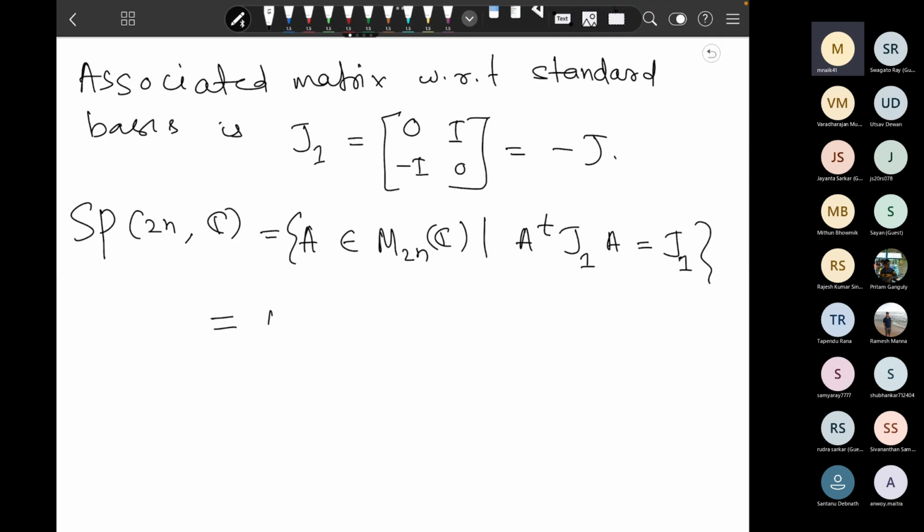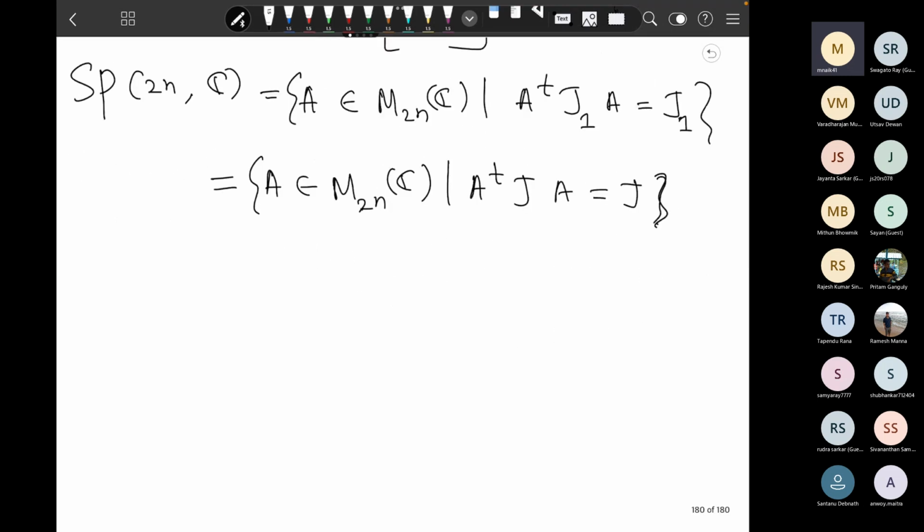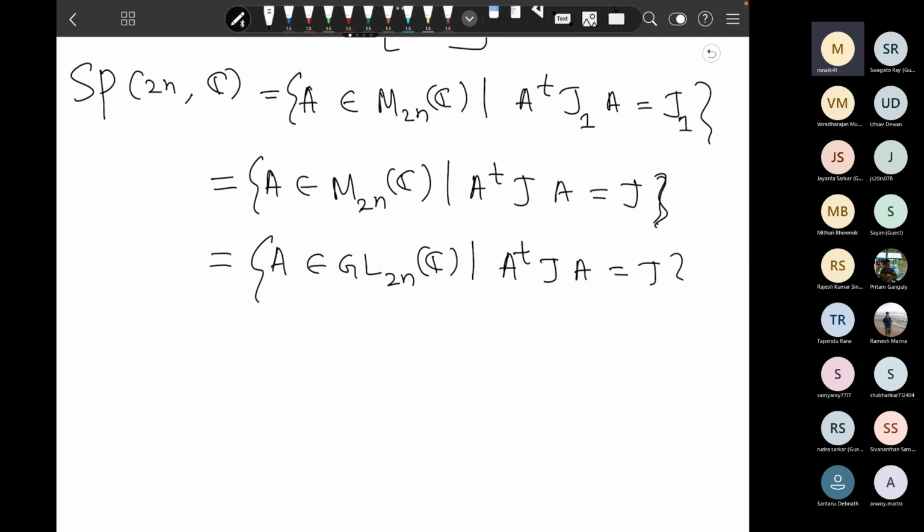And this is really A belongs to M2n(C) so that A transpose J A is equal to J, and this is A belongs to GL2n(C) so that A transpose J A is equal to J. Now it is clear that SP2n(C) is a pseudo-algebraic group.